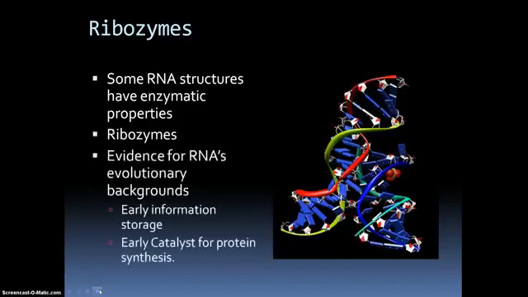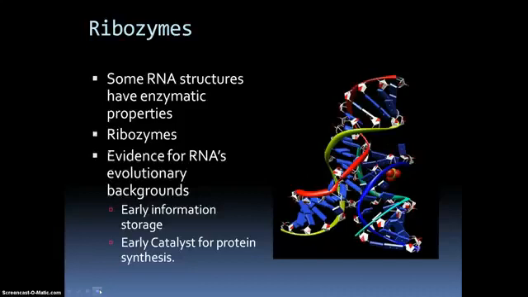So like I said, I went through this whole thing about RNA, DNA, the enzymatic property. The key here is for you to take away that RNA can act as an enzyme and as an information storage molecule. We believe that that's how RNA for early organisms held the genetic information.